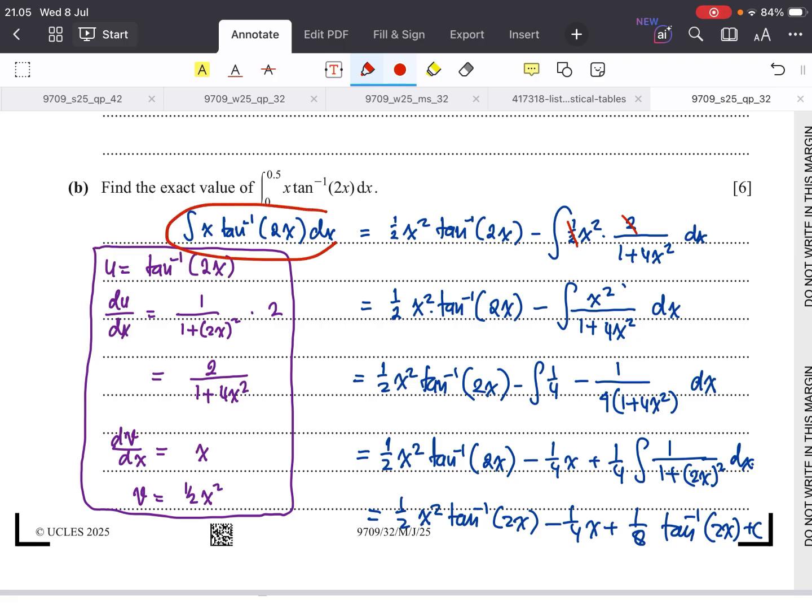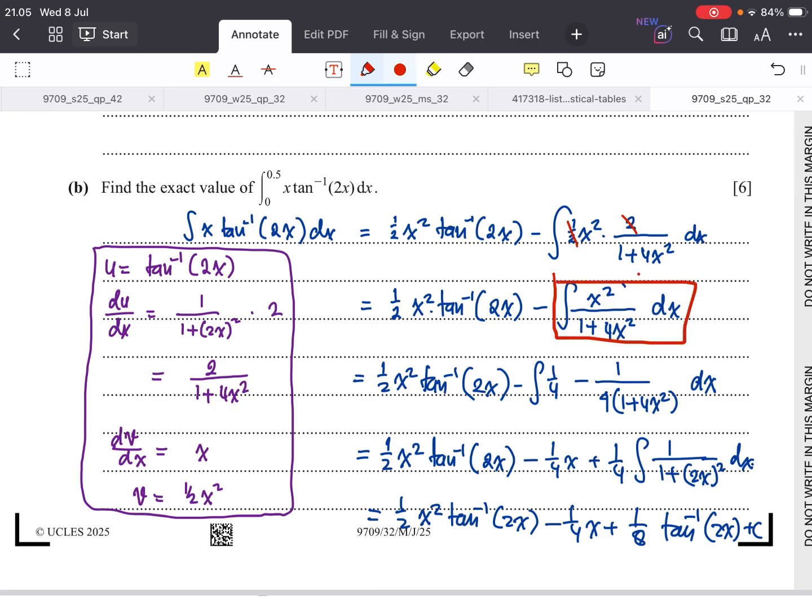So the integration by parts is u times v minus integral of v times du over dx. So we continue. This one is already final. We need to integrate this part.